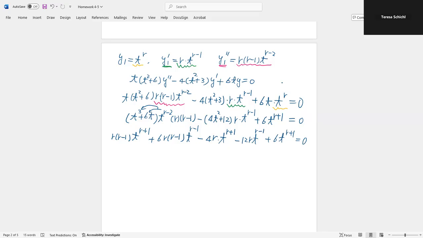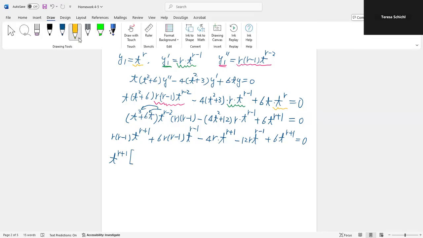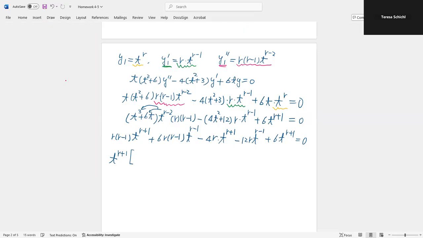Okay, so now take a look here. I see the exponents only have r plus 1 and r minus 1, so I'm combining. For all the components with the t to the r plus 1, let me color code that. The r plus 1 terms will have this and this and this, right?